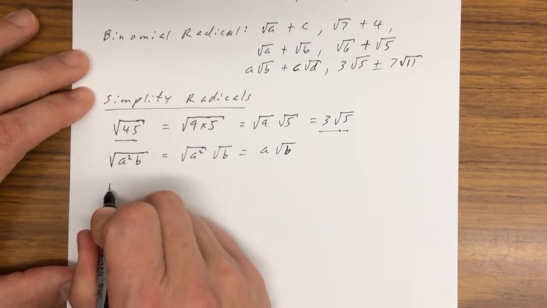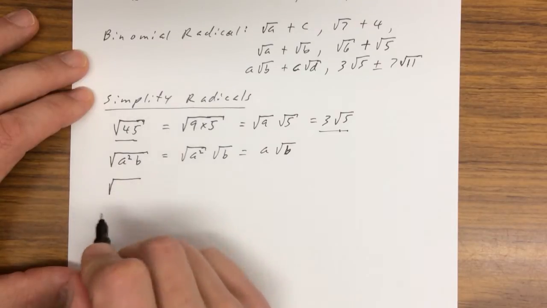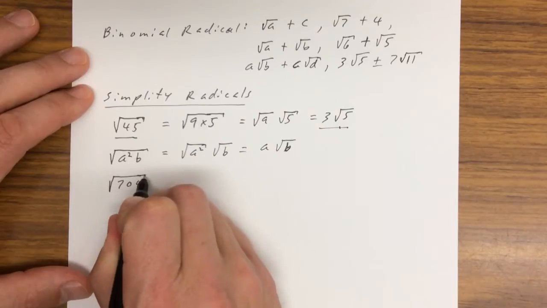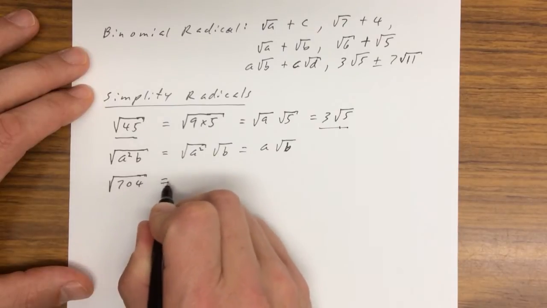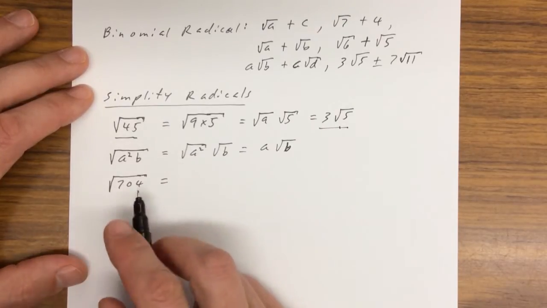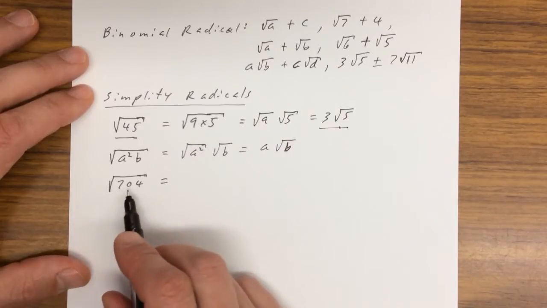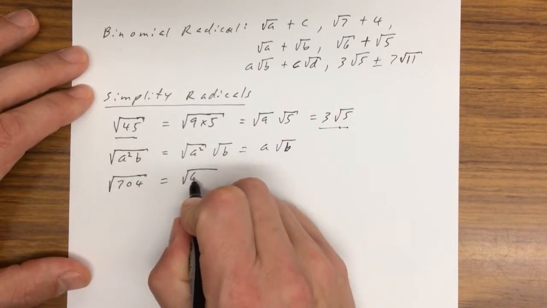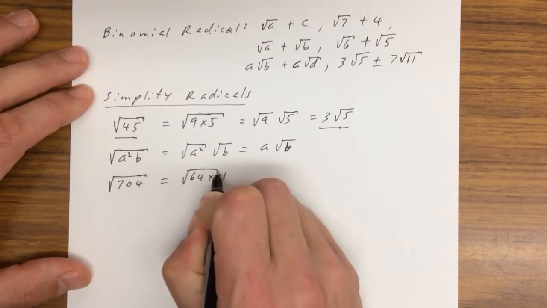Let's get a more difficult one here. How about root 704? Well, if you just keep checking this and dividing numbers in and seeing what it is a product of, it happens to be the product of 64 times 11.